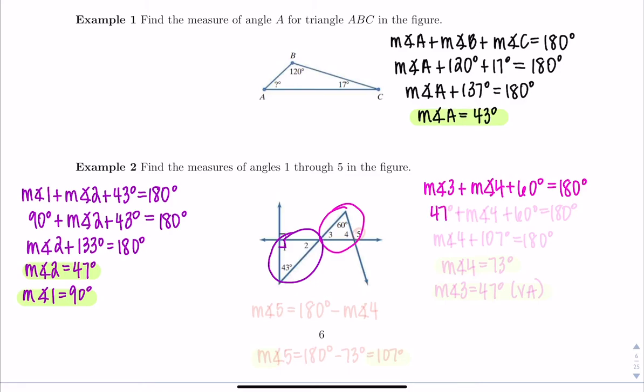So we have 47 degrees plus the measure of angle 4 plus 60 degrees equals 180. That's the measure of angle 4 plus 107 degrees equals 180, where the measure of angle 4 equals 73 degrees.